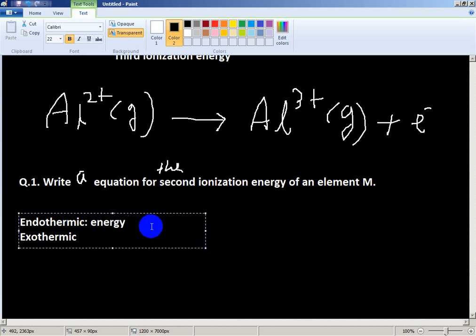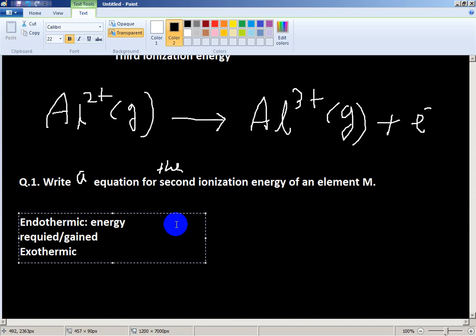Released. In endothermic, is energy required or gained? Energy required.